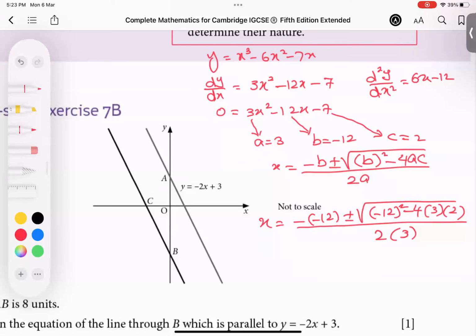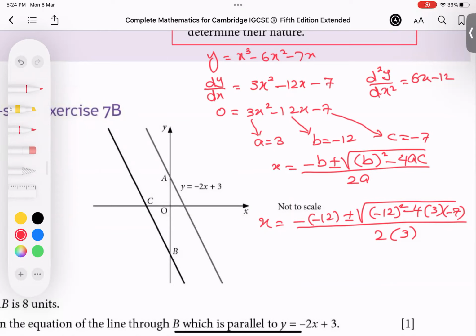Yes, so there is one mistake, students. C is not 2. This is minus 7. So this is the only change. This minus 7 will go here, and minus 7 goes here. Yes, the rest is okay. And I'm finding it in the calculator.